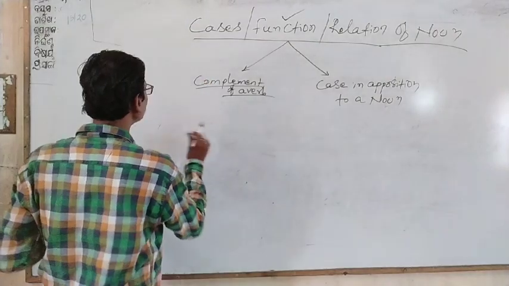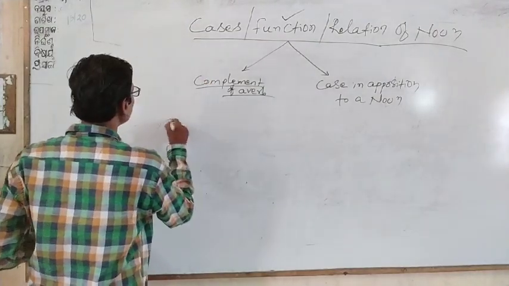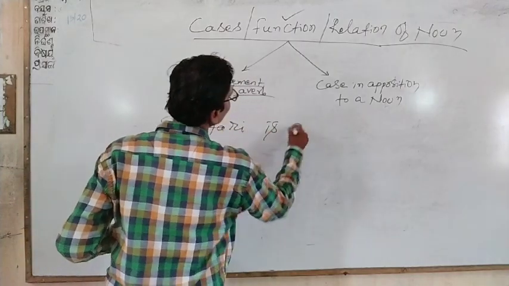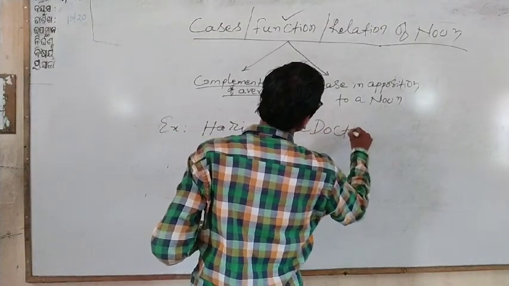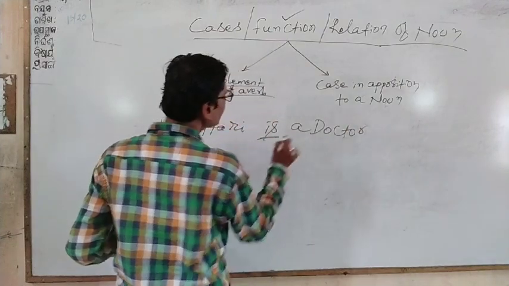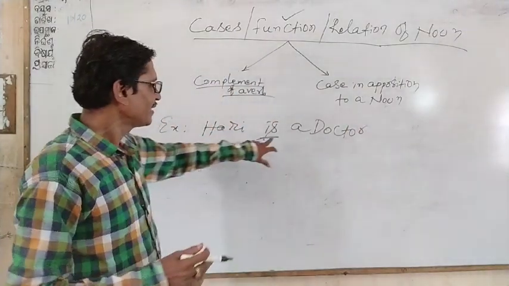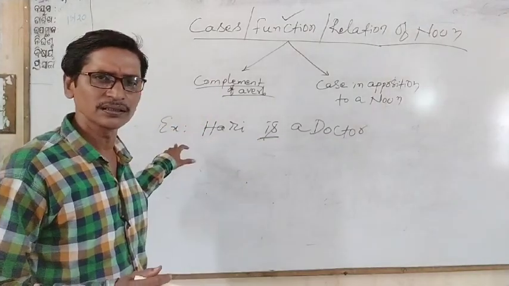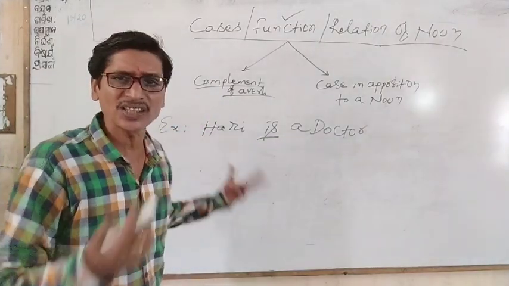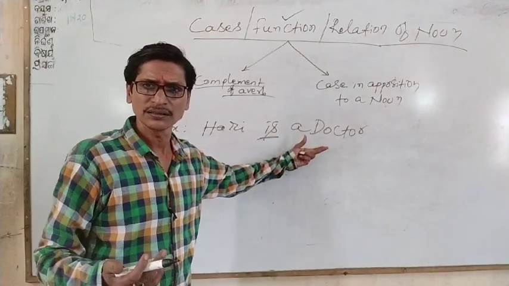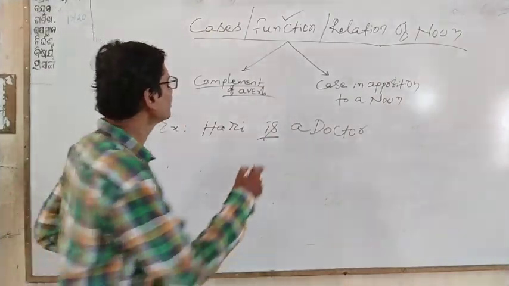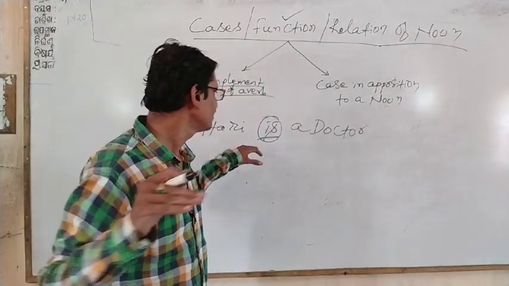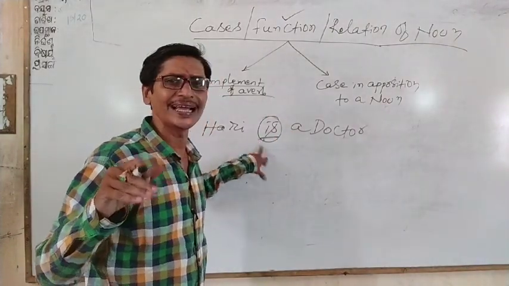Example I am giving you: Hari is a doctor. Hari is a doctor. Who is a doctor? Hari. What is Hari? A doctor. As we understood, this verb which talks about the state is a linking verb.